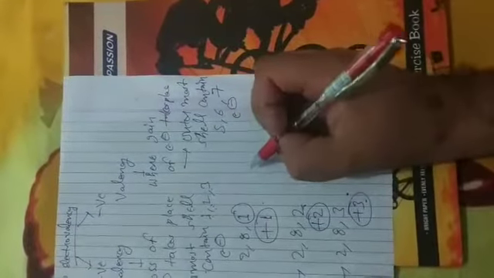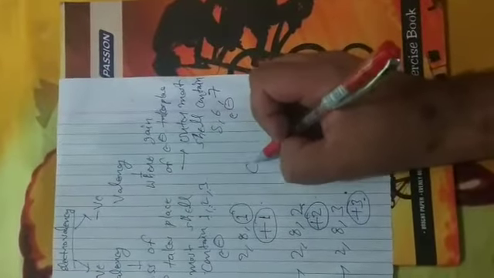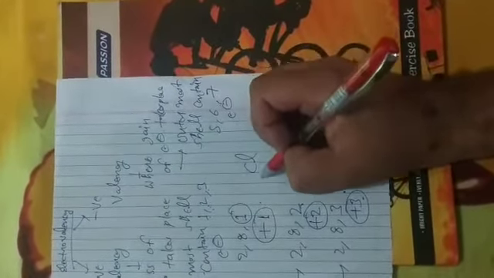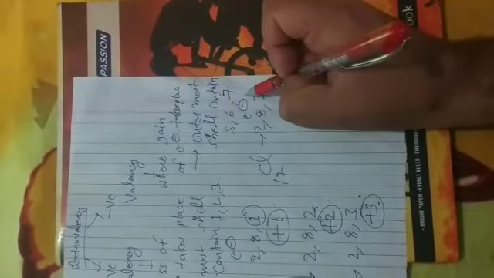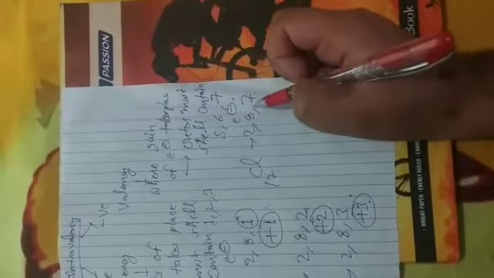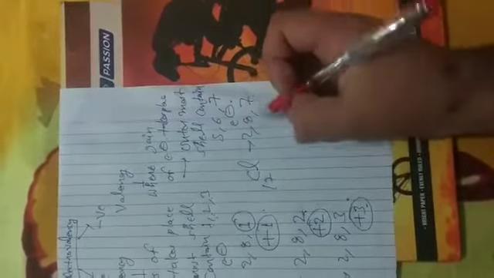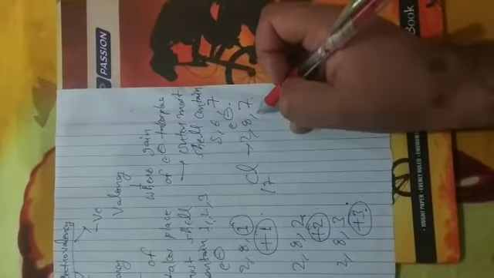In case of negative electrovalency, first Cl 17, 2, 8, 7, it contains 7 electrons in the outermost shell, so gain of electron takes place in case of Cl 17.